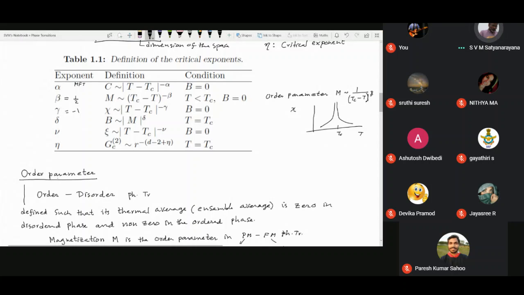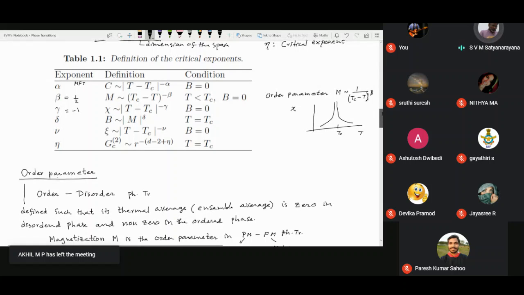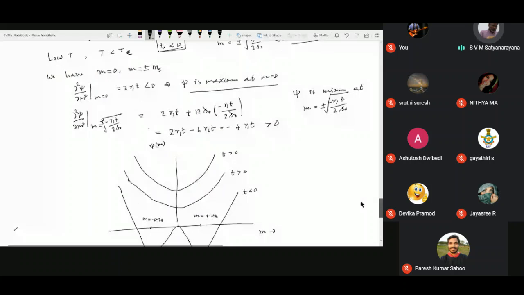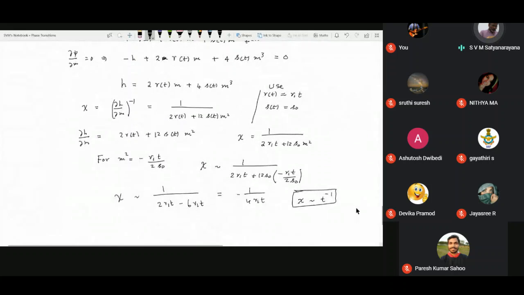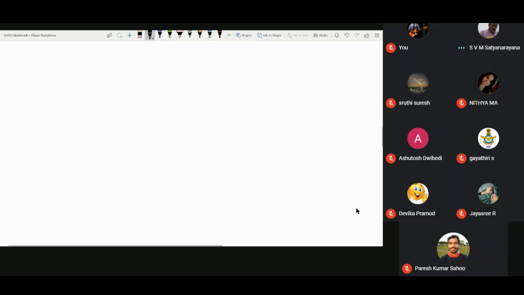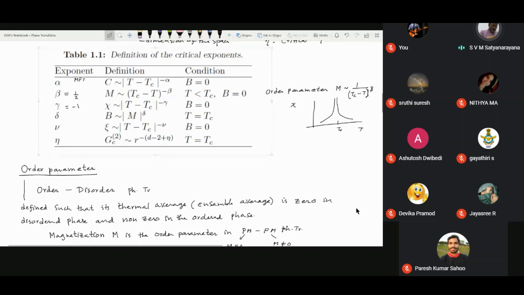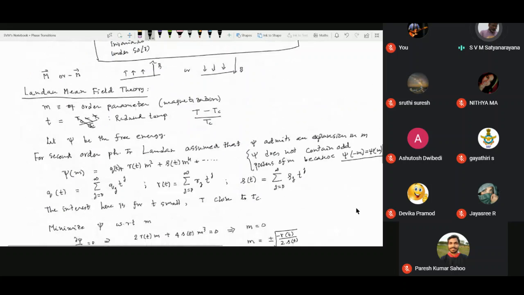Yeah, so that is one thing, and then we have from here. Now if you look at this at t equal to tc, you can look at this exponent, for example, at t equal to tc. That means this corresponds to small t becoming 0.